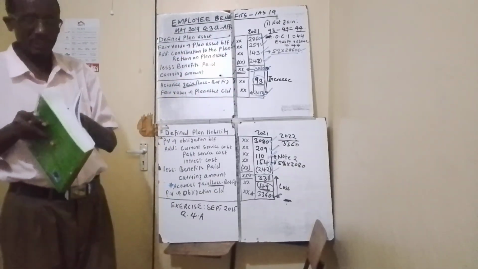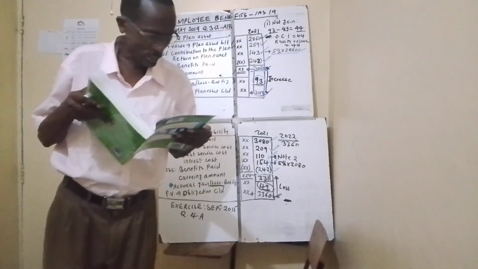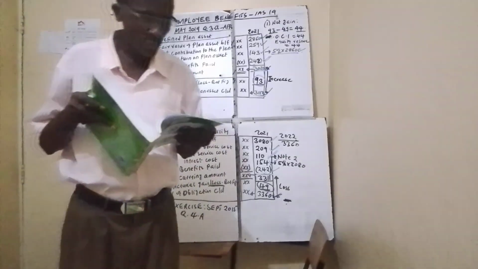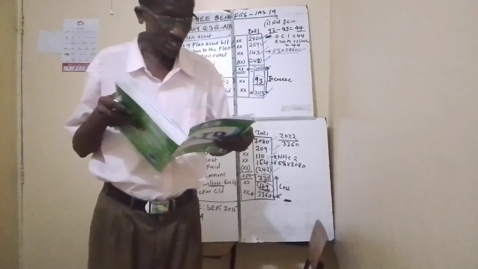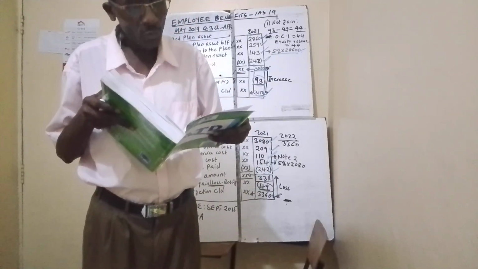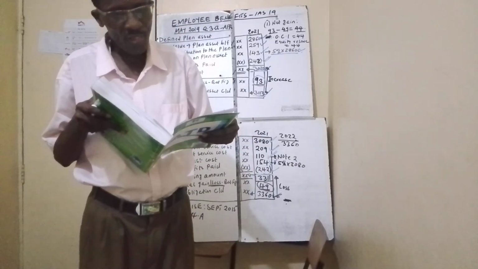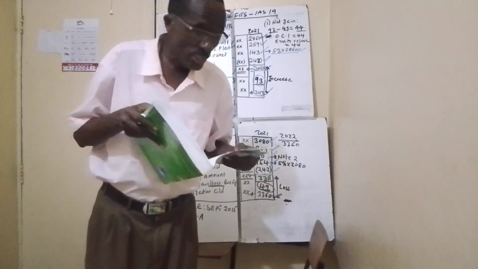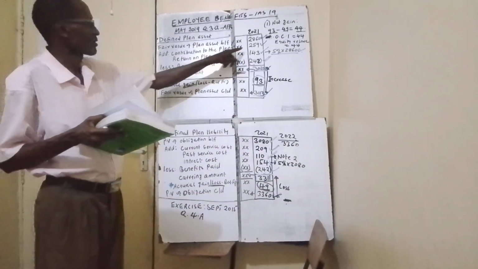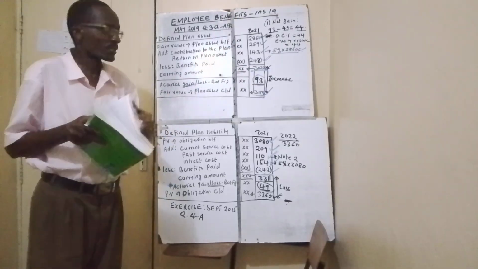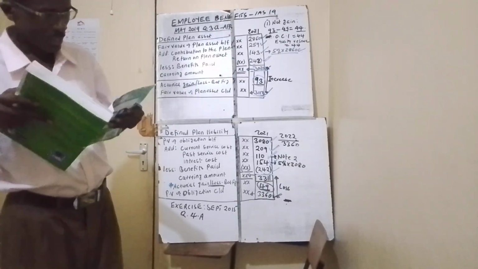That is what you are told. And on the same date, Volta Limited paid shillings 730,000 in contribution to the plan. So contribution to the plan 730. You are told 730 to appear there.